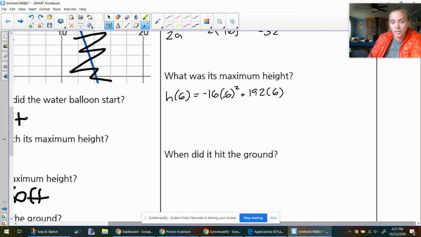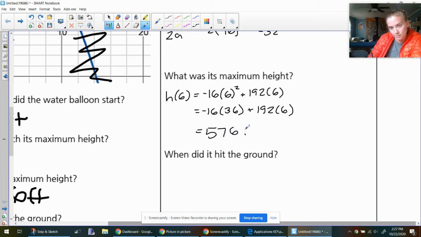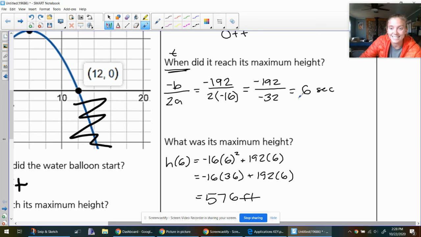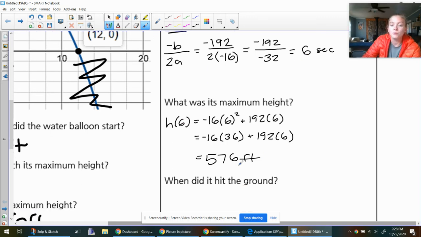Well, when I calculate this out, I would have negative 16 times 36 plus 192 times 6. And all of that multiplies and adds to equal 576 feet. So at the water balloon's maximum height, which happens at 6 seconds, it will be 576 feet into the air.